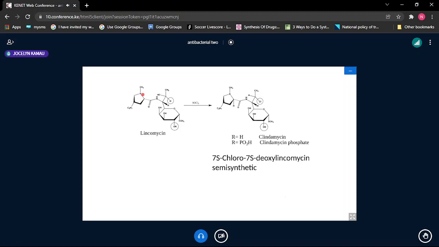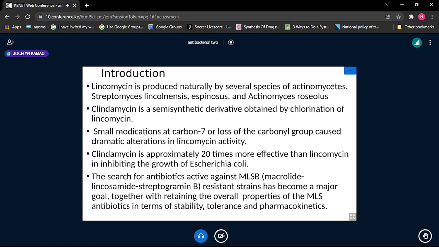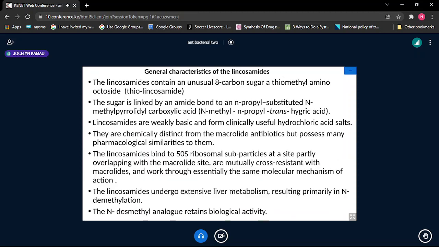We call it pyrrolidyl because now we are using it as a pyrrolidyl carboxylic acid. This is now carboxylic acid. So N-propyl substituted N-methyl pyrrolidyl carboxylic acid, that's the bigger name for the whole of that group.